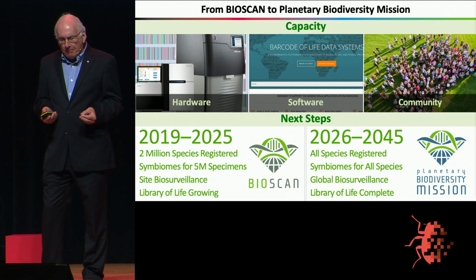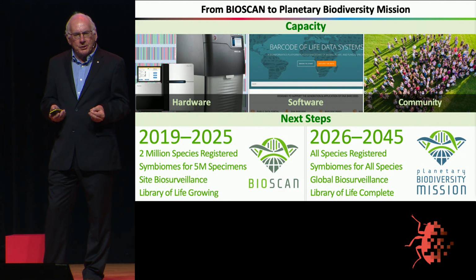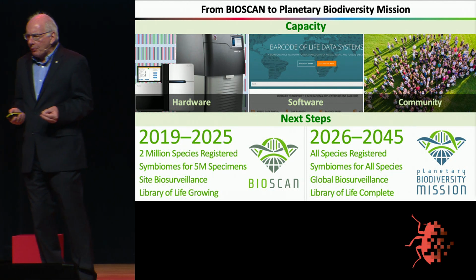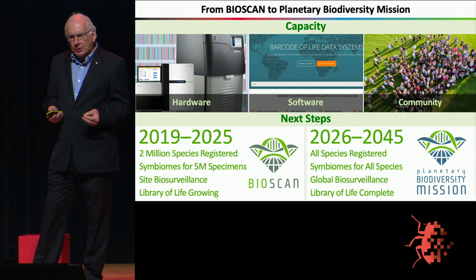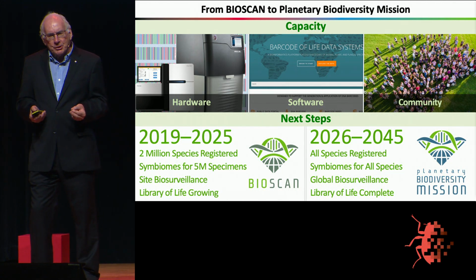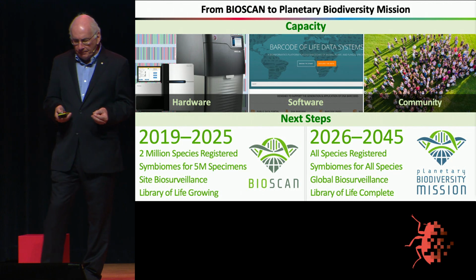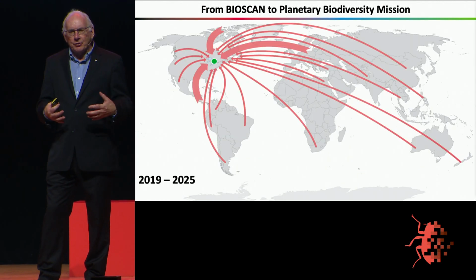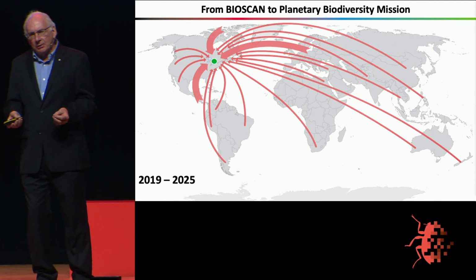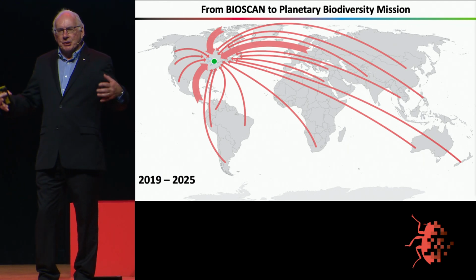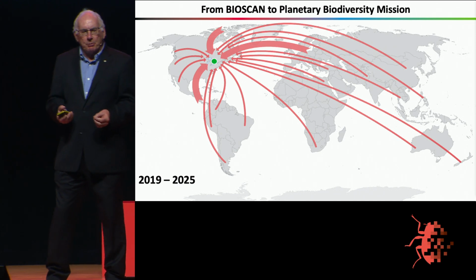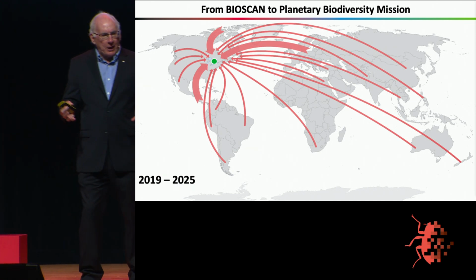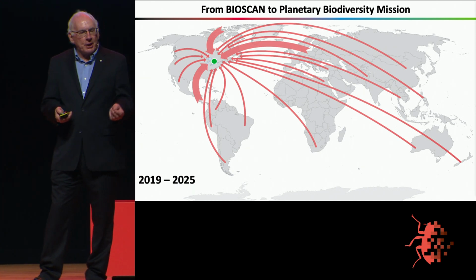So I'm confident by 2045 that we can have completed the registration of all multicellular life and established this global biosurveillance system. At the moment, there's a single core analytical facility following the model of other sciences, a single facility that specimens are being sent to, processed in an organized fashion, cost-effective, but that's not the future.